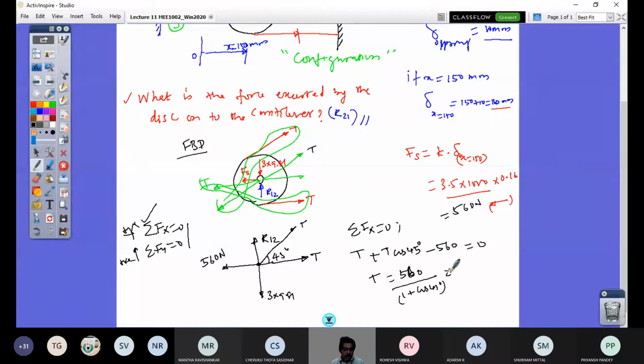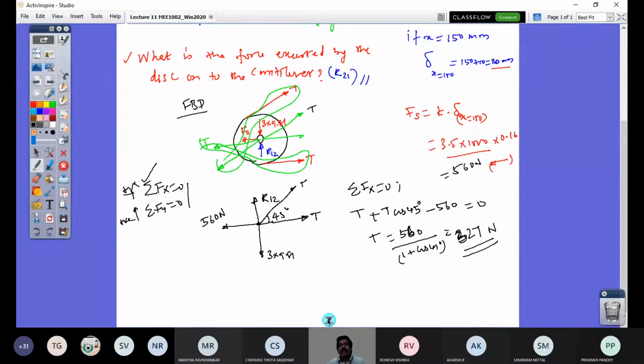Have you solved? It comes out to be 327 Newton. That's the tension. Now, knowing the tension, I can easily find out what my R12 would be. That's very straightforward.